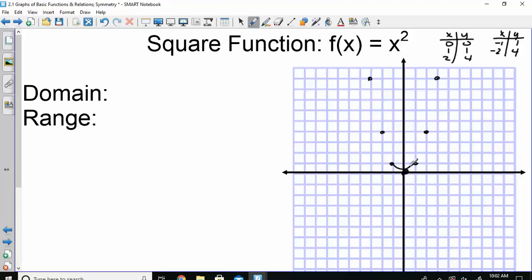So this is a parabola. The domain here. As you go from left to right, this part will keep going to the left, that keeps going to the right, so what x values do we get?